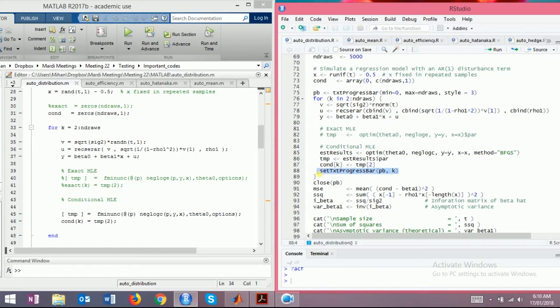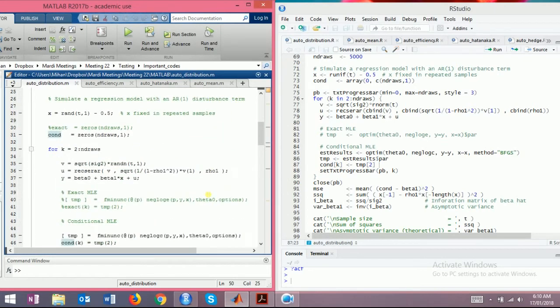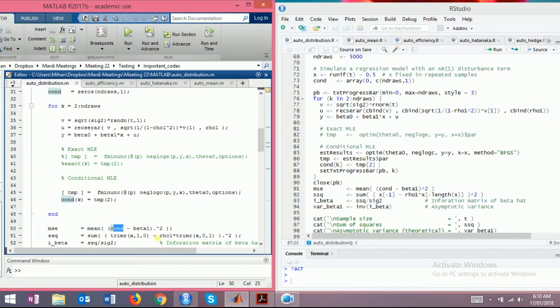And set text progress bar pb k, pb up to k, and close pb. So we start pb and we close pb. Done. Then we do mean squared error, which is the 5000 estimates minus beta 1 that we had, squared.